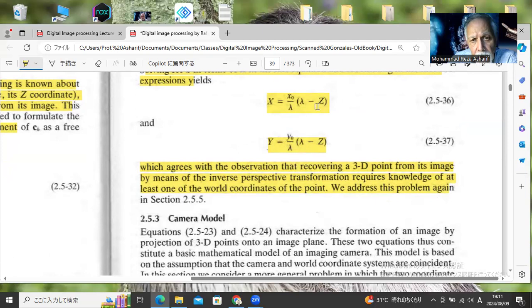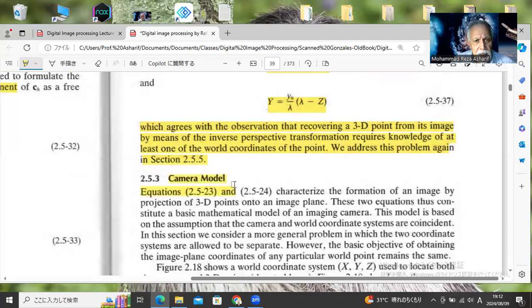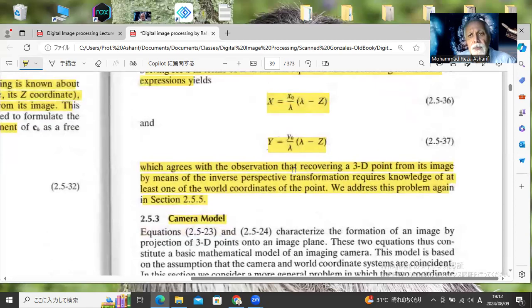So we need one point coordinate here, for instance z. If you know z, then you can find the coordinate in the space of the world. We will address this problem later in this section in order to find the distance by using two cameras. After I define the camera model, I will also discuss stereoscopy in the next lecture.